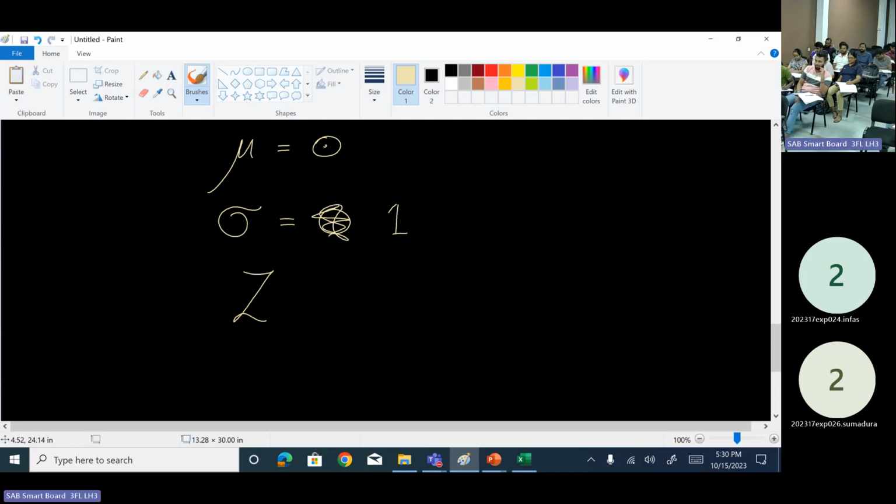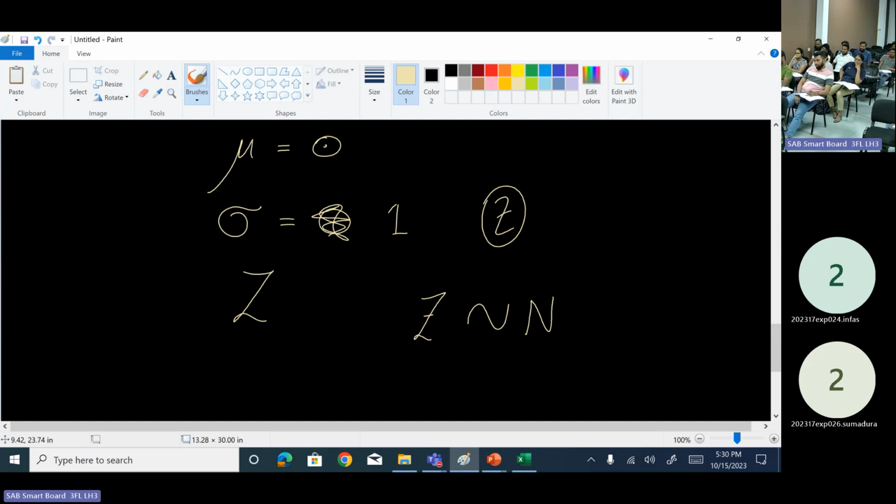In probability, we don't use Z for any other variable. Z means it is standard normal. If we come across a Z in the probability section, we treat it as the standard normal variable. Z is also a normal variable, but it is special. What is the speciality?